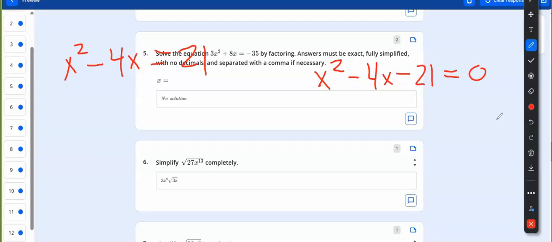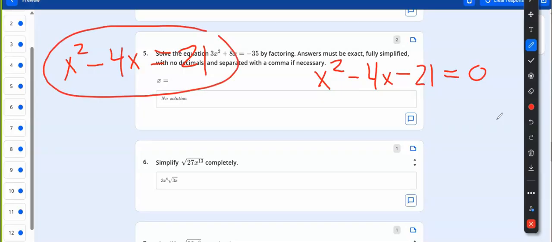What's the first step that you have to do? Wait, are we doing the x squared minus 4x equals 21?